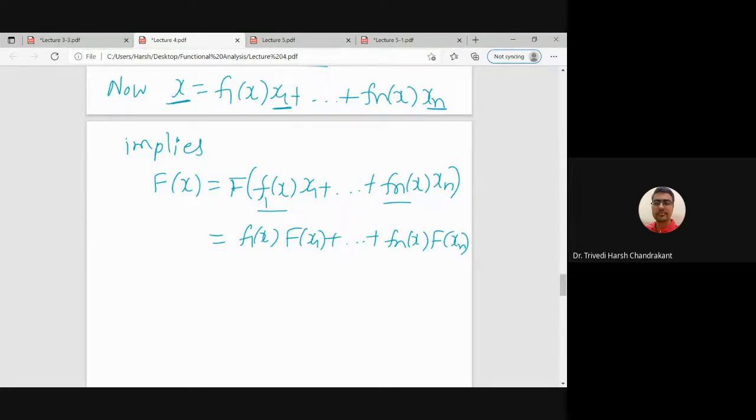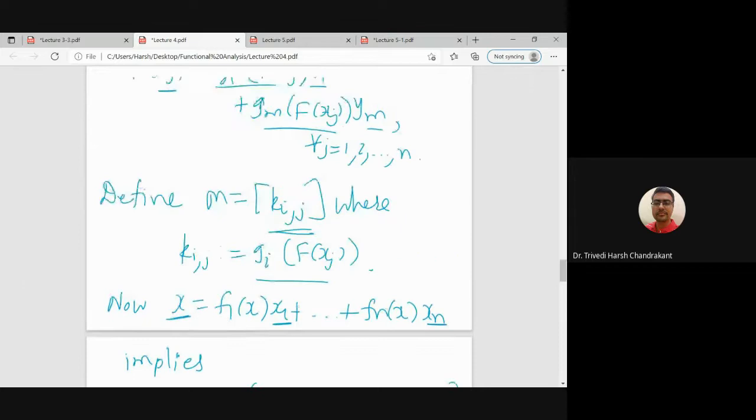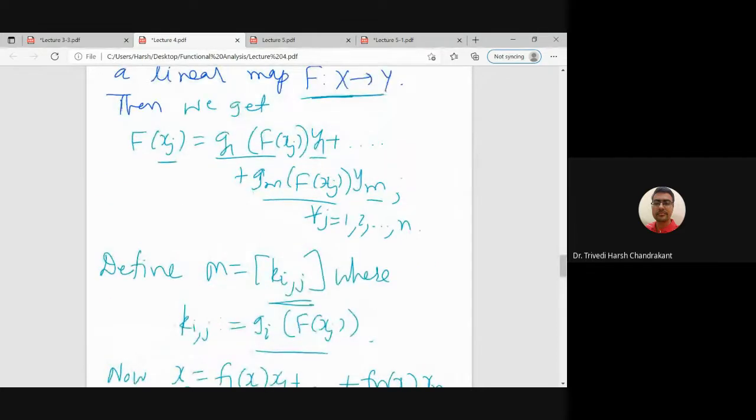Then we know what f(xj) is: it is exactly this element, and these coefficients are basically kij.